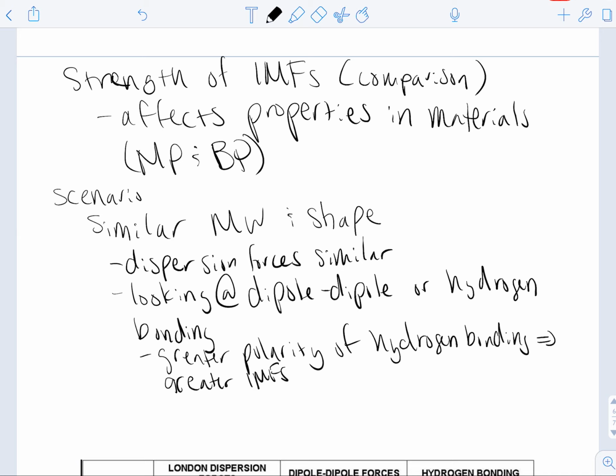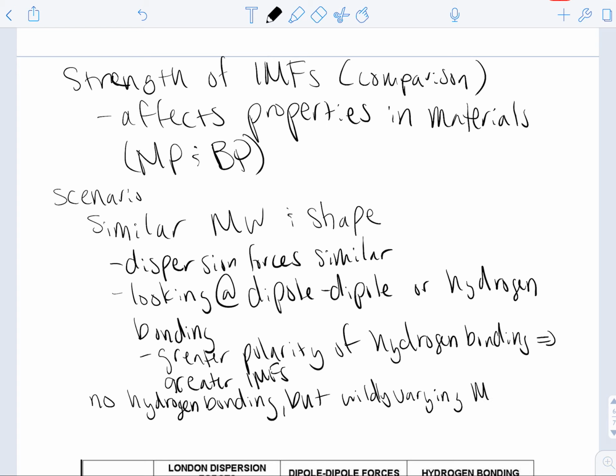So if we have no hydrogen bonding, but wildly varying molecular weights, then our dispersion forces are going to be the most important thing.